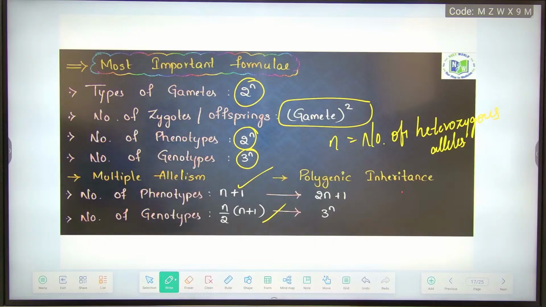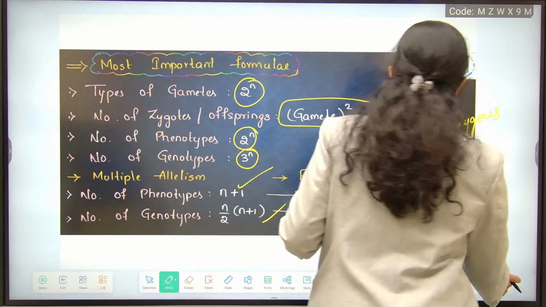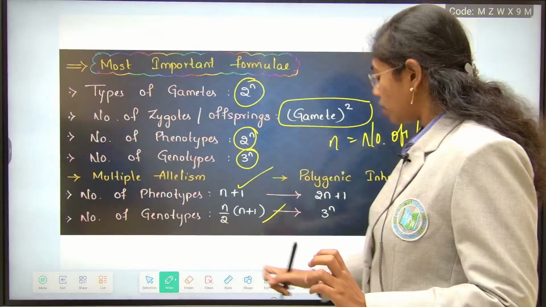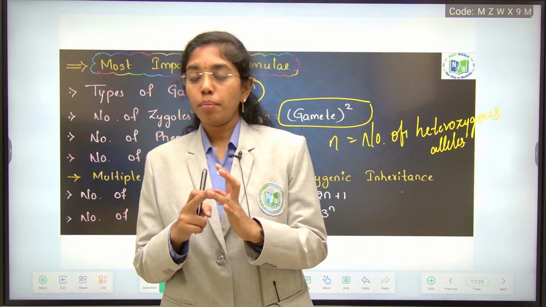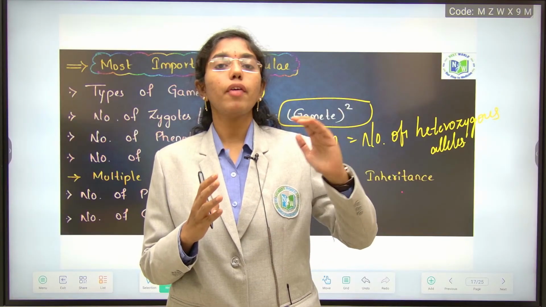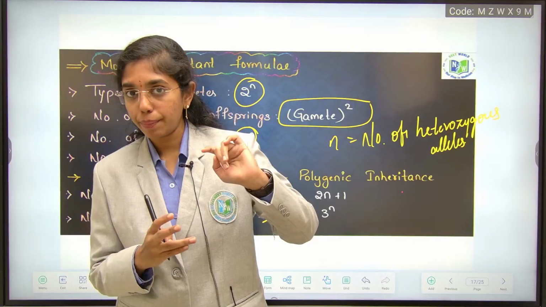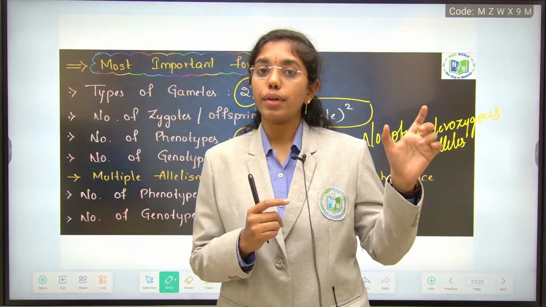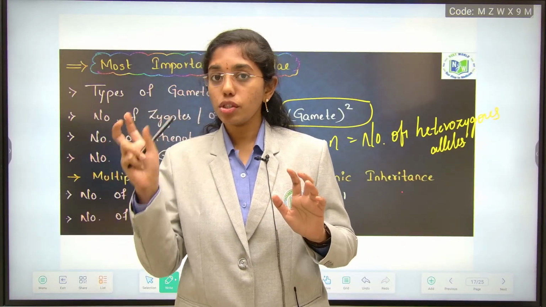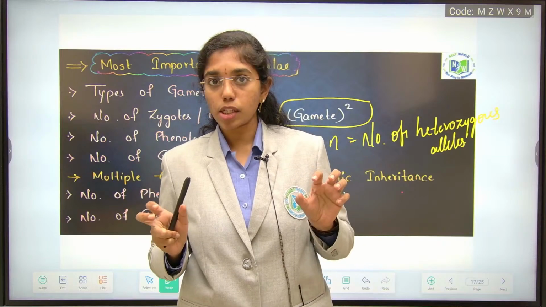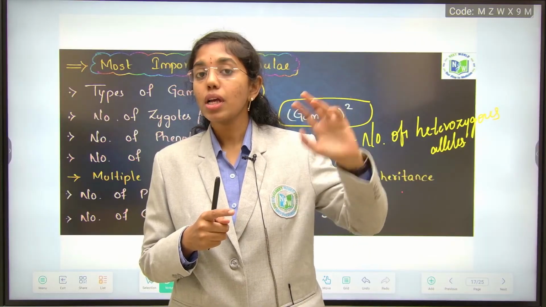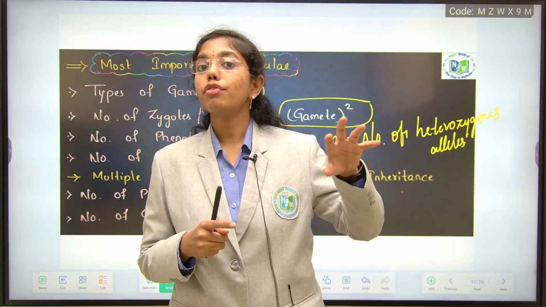Fine. So now, what are the key takeaways of today's session? The key takeaways include codominance, incomplete dominance, multiple allelism, pleiotropy, followed by a brief account of the law of dominance, segregation and law of independent assortment, by clearly noting the dihybrid cross with all the phenotypic expressions and genotypic combinations, and a clear tabulated version of all the phenotypic and genotypic ratios and of all the formulae that we are using.